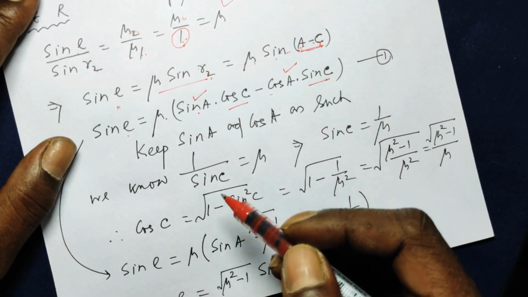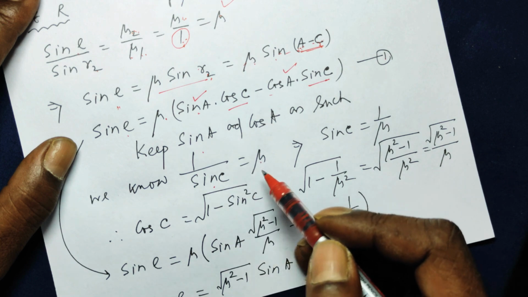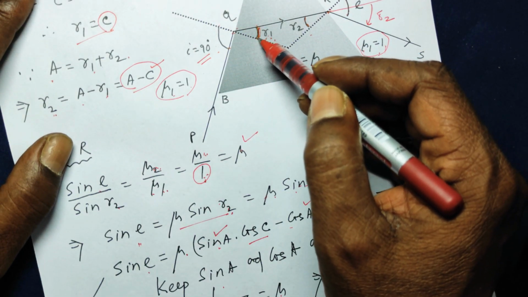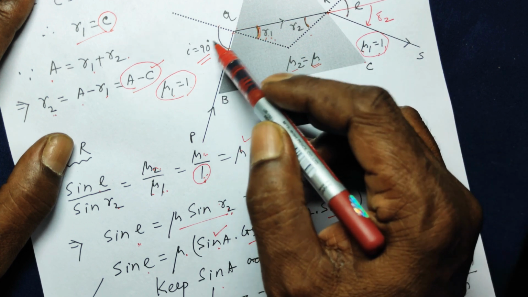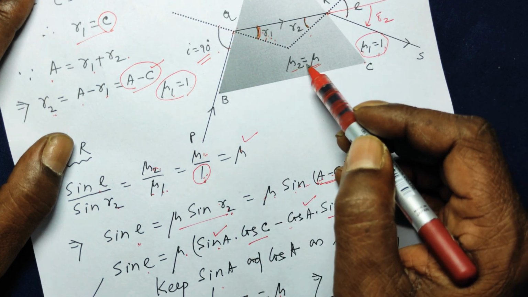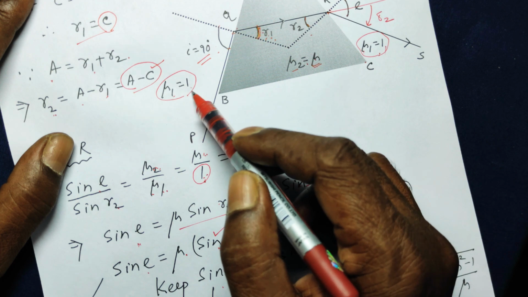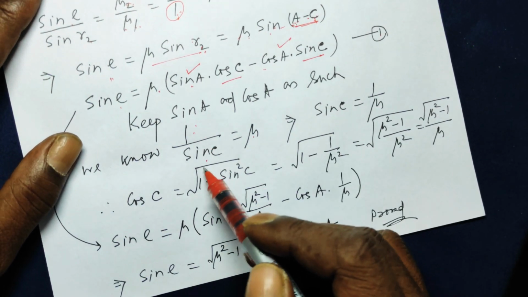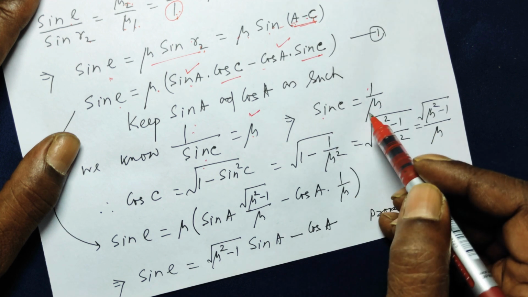Since we know 1 by sine C is mu, because if this is the critical angle, sine 90 over sine C will be mu2, that is mu over 1, that is mu. That is 1 by sine C is mu. So sine C is 1 by mu.